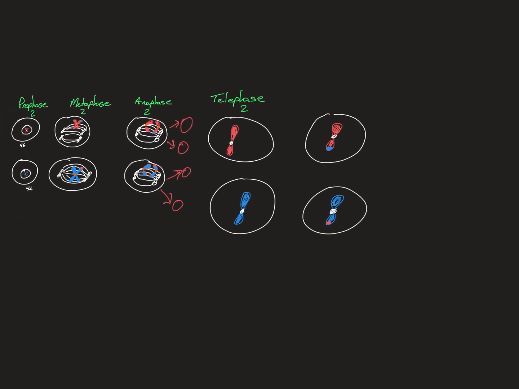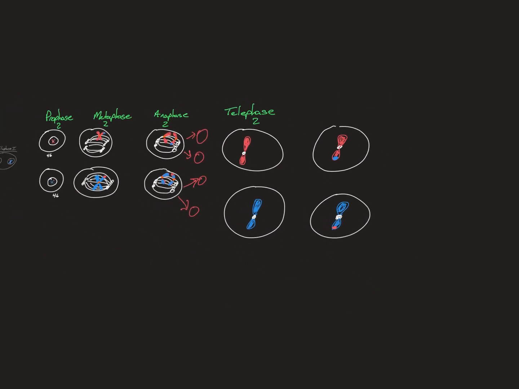So now where you used to have 2 identical cells, now you have 4 different cells. Multiply that times 23. So a lot of genetic variation.